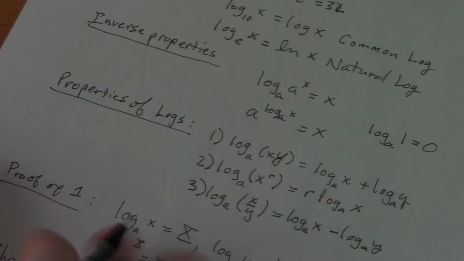So how would you use these? You would use those properties to go backwards and forwards. For example, we're going to expand and contract logarithms with those properties. Let me write my example down.